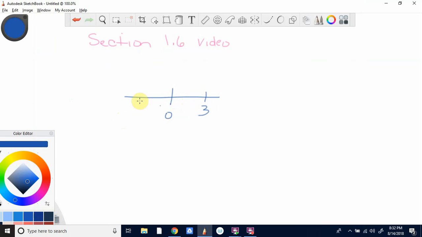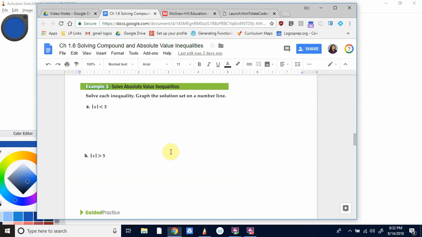So if I go to 3 here, that's one solution. The other solution is here, because it's less than 3 units on both sides of 0. So our solution is from -3 to +3, and everything in between.